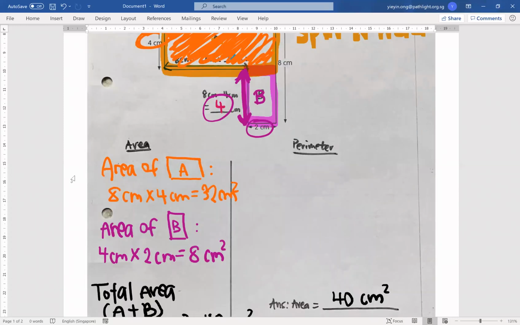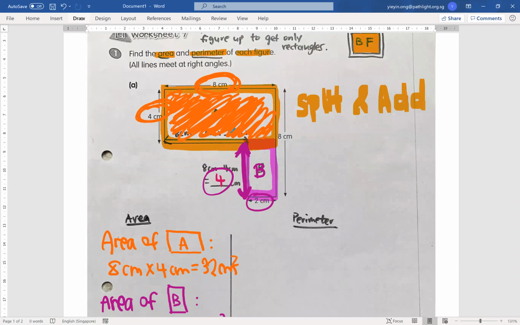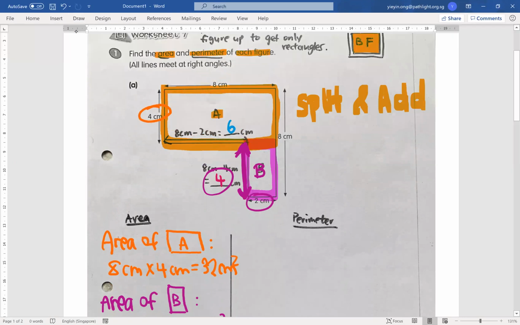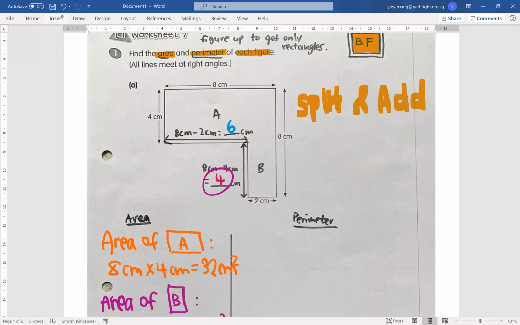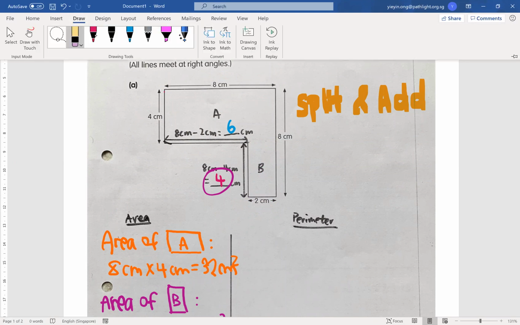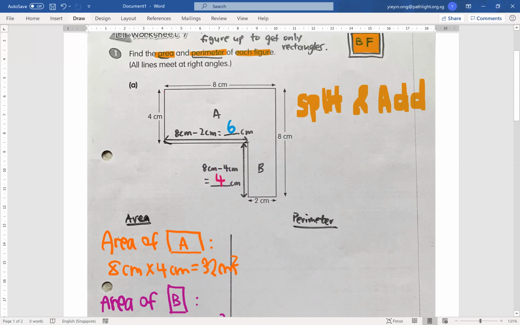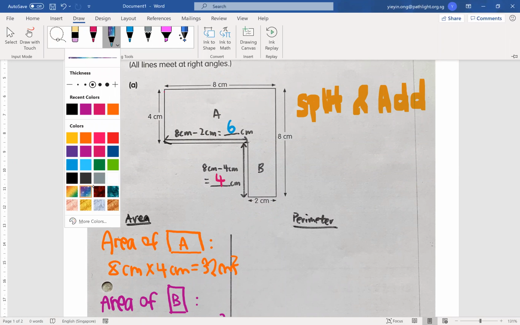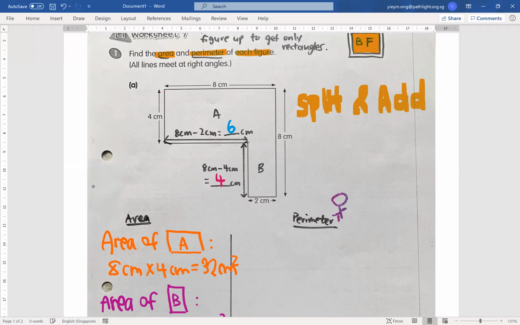To make it easier to find the perimeter, I'm going to erase all this marking. Okay, so that is easier for you to see. Now, we want to find perimeter. Remember, just now we said that perimeter is when we walk one round and go back to the starting point, the cross.